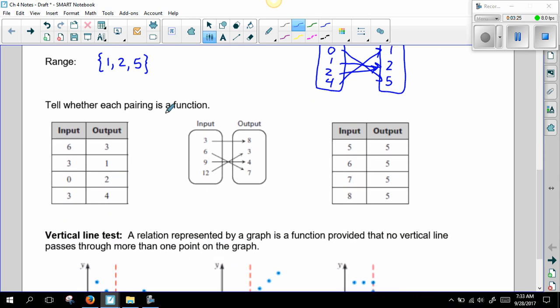Now we're going to look at these 3 examples and determine whether these pairings are a function. So looking at this one, I see that this input 3 has 2 different outputs. Therefore, this one is not a function.